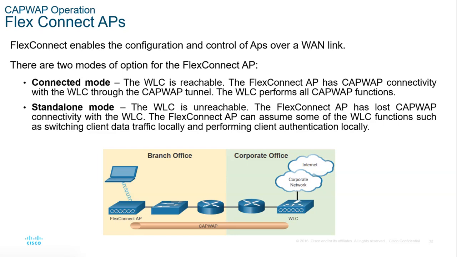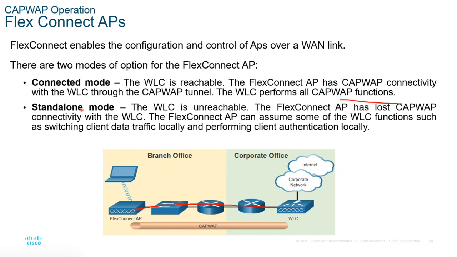The FlexConnect AP can assume some of the controller functions, such as switching client data traffic locally and performing client authentication locally. So in connected mode, as you can see, the AP has to reach the controller for all the functionalities.